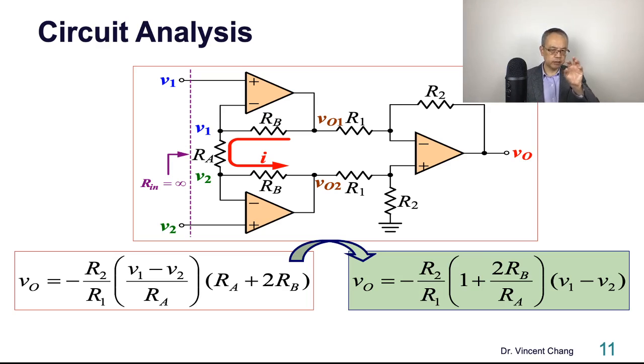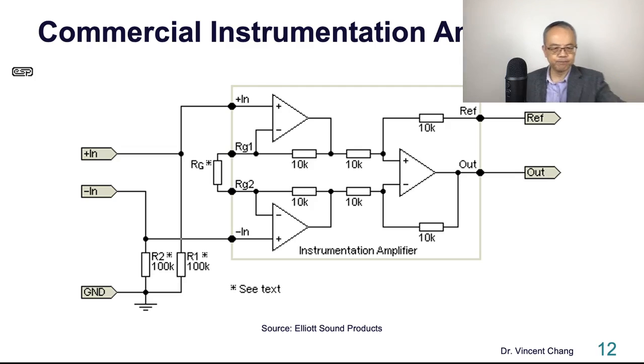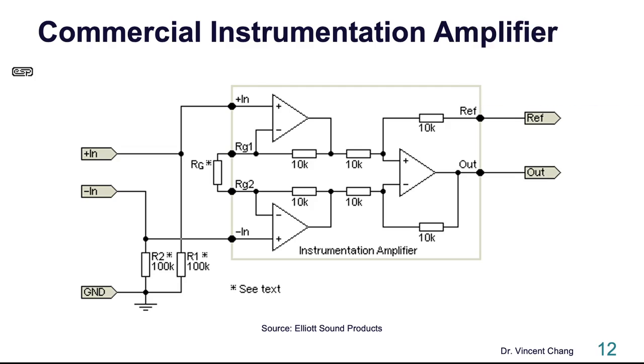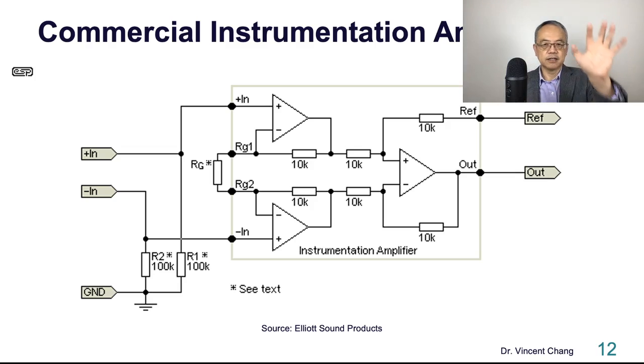But usually, RA is off-chip, and the two RB, R1 and R2 are on-chip. Let me show you a commercial example. This is a commercial instrumentation amplifier from Elliott Sound Products. So you see the box: the instrumentation amplifier, that's the on-chip part.